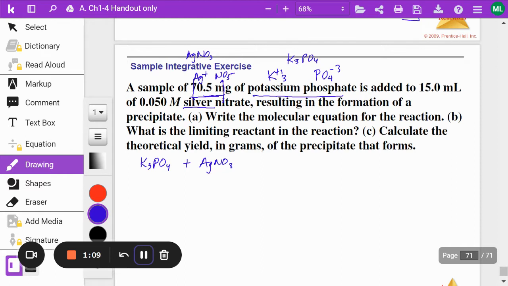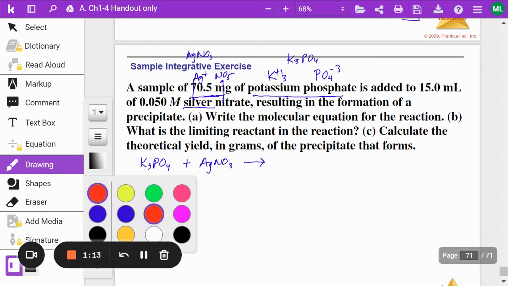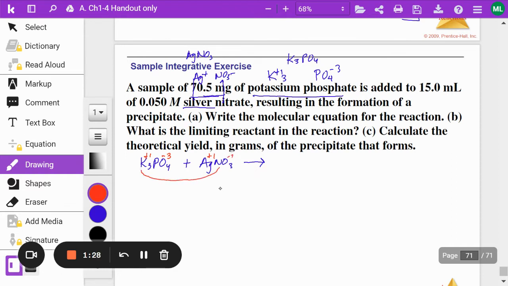To write the balanced equation, I'm going to write the charges in again, just to remind myself. K is a +1. Although there are 3 of them, the charge of each one is +1. Phosphate is -3. Silver is +1. Nitrate is -1. When I'm doing a double replacement reaction, the positive ion goes with the negative.